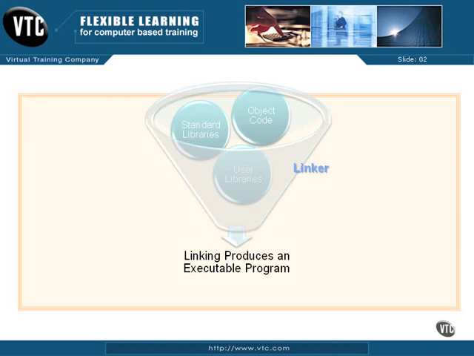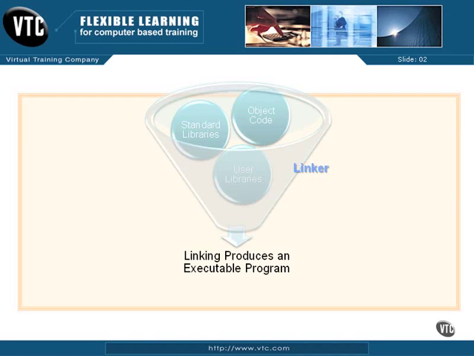All of those libraries and object code get linked together by the linker, and that produces an executable program. Something usually in the Windows world that ends with .exe that we can actually run on our computer and cause some work to be performed, which is why we're learning how to do this.